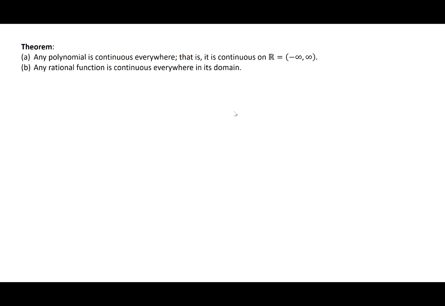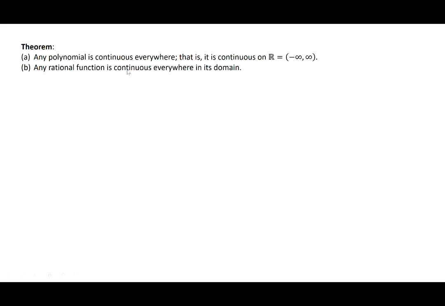When I say 1 over x minus 1, you have a polynomial 1 on the top and x minus 1, a first degree polynomial, on the bottom. So that is a rational function. And this theorem says any rational function is continuous everywhere. You've got to be kidding me. At x equals 1, 1 over x minus 1 is not continuous. There is a vertical asymptote.